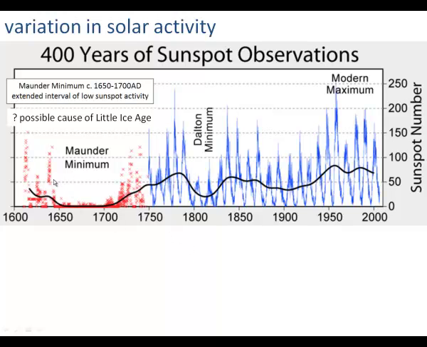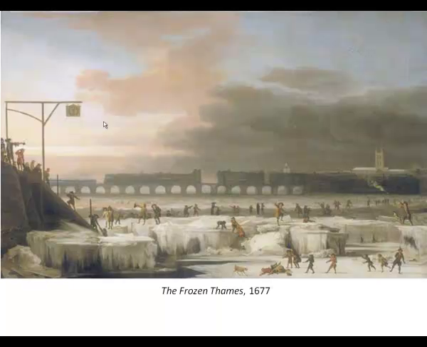In fact, there's an interval known as the Maunder minimum, which runs from about 1650 to 1700, which is an extended interval of low sunspot activity. And one of the things that we're going to look at is the relationship between it and a climatic phenomenon that's known as the Little Ice Age.